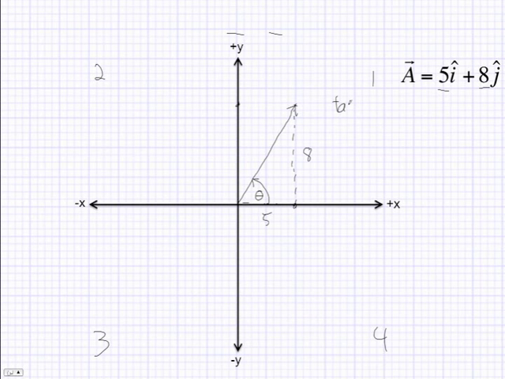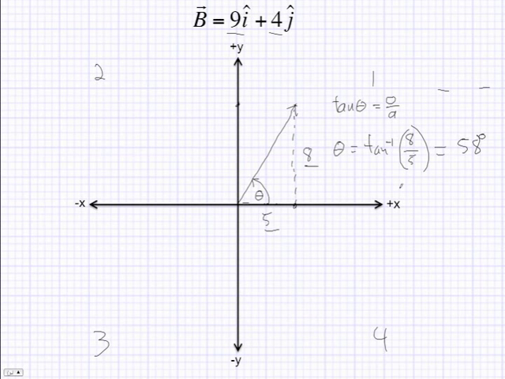Tangent theta is the opposite over the adjacent, and so theta is an inverse tangent of the opposite side, 8, over the adjacent side, 5, and we get 58 degrees, which agreed with my prediction, so nothing too tough here.